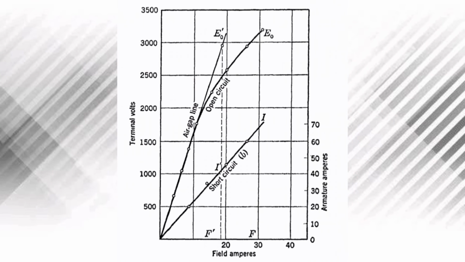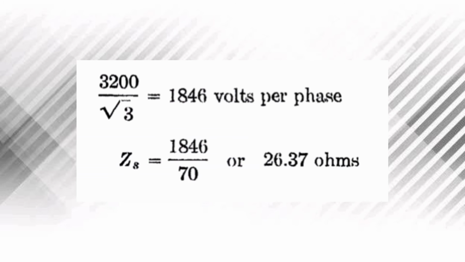Now referring to this graph, which is the one that I've used to show you the saturated and unsaturated, we can find the maximum voltage on the open circuit curve, which is 3200. And at this voltage, the field current is 31 amperes. With the same excitation, it produces a short circuit current of 70 amperes. Now let's find the ZS, or the impedance.